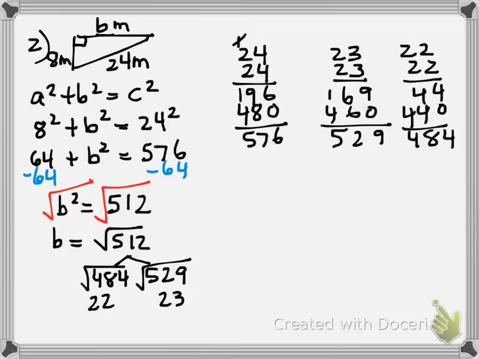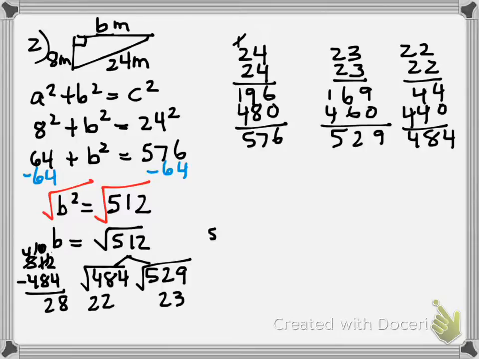Okay. So now what I have to do is estimate which one it's closer to. All right. So we can do two subtraction problems to see which one it's closer to. So we have 512 minus the 484. That's a 0. And we get 12 take away 4 is 8. I'm going to have to rename again. 10 take away 8 is 2.